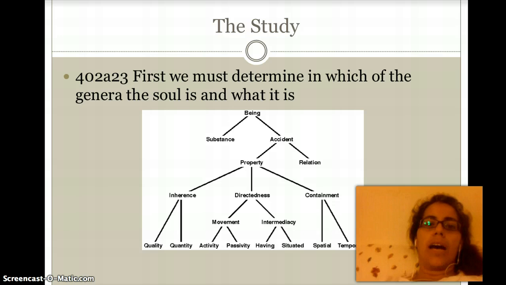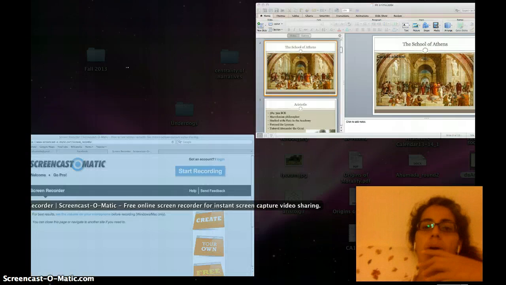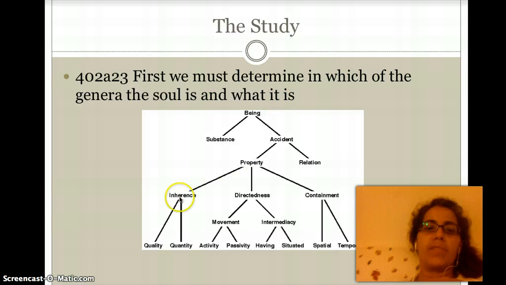They're going to have properties, they're going to be related to other things. Each thing that exists is going to have some sort of belonging to these different categories. So these are the same categories that Aristotle wants to study with regard to the soul.